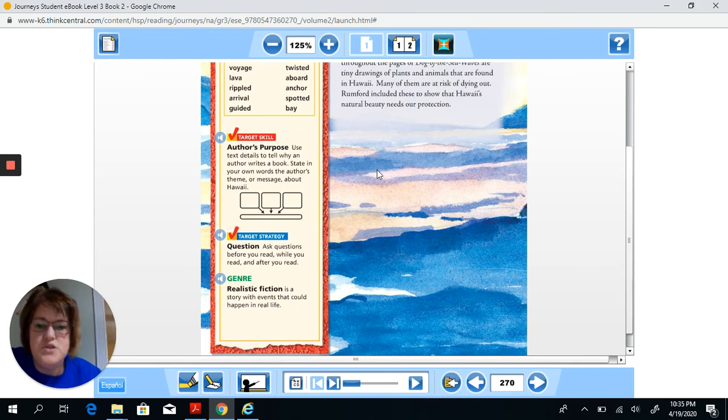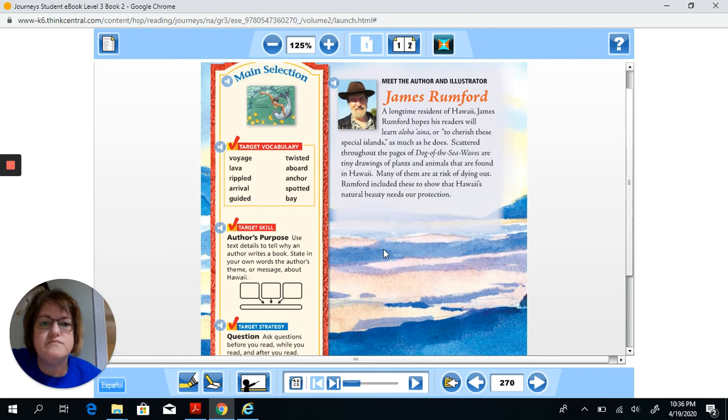It helps you with what type of genre the story you're going to read is, but also gives you some other little hints and things to think about that help you to understand the story. It talks to you about author's purpose, questions, and then down here at the bottom, realistic fiction is the genre. Now remember, realistic fiction is something that has not happened in real life, but it could happen in real life.